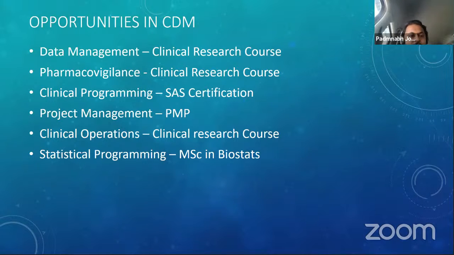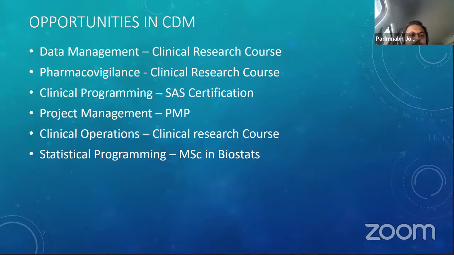As we spoke about data management, this is one of the core roles in the clinical research industry. To get into a data management job, B Pharm or M Pharm graduation is sufficient, because of the exposure we get while studying B Pharm or M Pharm subjects. Pharmacology, pharmacognosy, and chemistry become core subjects needed to understand how this industry works.